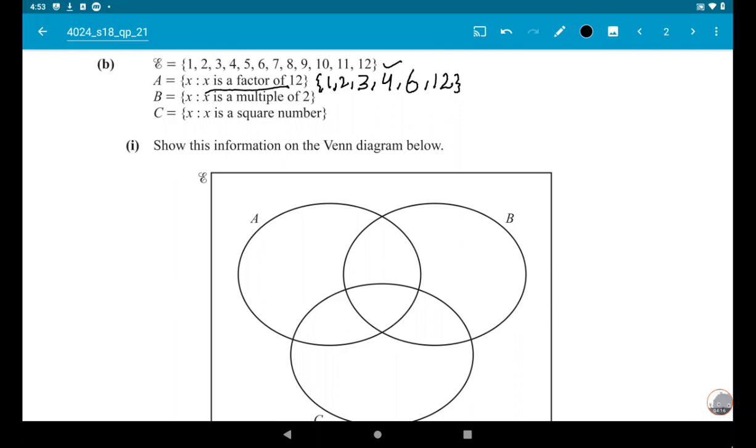Okay, so multiples of 2. Okay, we can write 2, 4, 6, 8, 10, and 12.